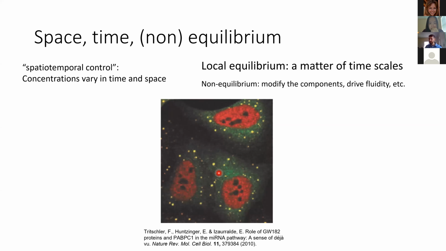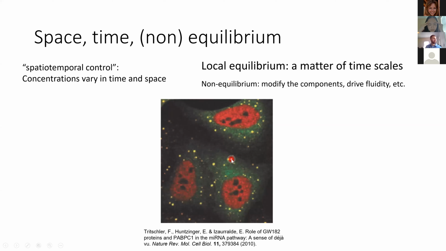It might be that the cell is dividing on a time scale of hours, and it might be that the concentrations of things in the cell are varying over microns. But if one of these little droplets can form in seconds, and if it's only, say, tens or hundreds of nanometers instead of microns, then you can probably learn a lot by just studying the equilibrium physics of one of these droplets.